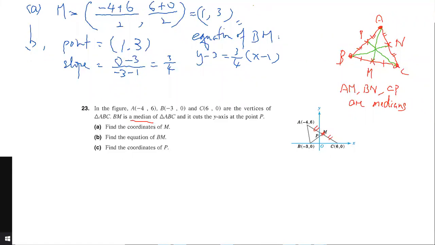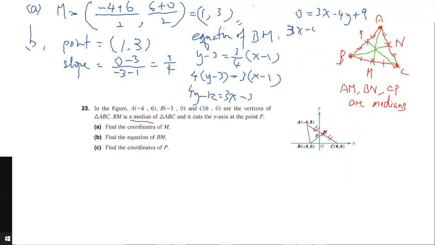Okay, and then we multiply the 4 to the left-hand side. Okay, so 3 times x minus 1. Removing the brackets, so 4y minus 12 equals 3x minus 3. Moving all terms to one side and keeping x term positive, so it is to the right. 3x minus 4y plus 9. Okay, therefore it is 3x minus 4y plus 9 equals 0. Okay.